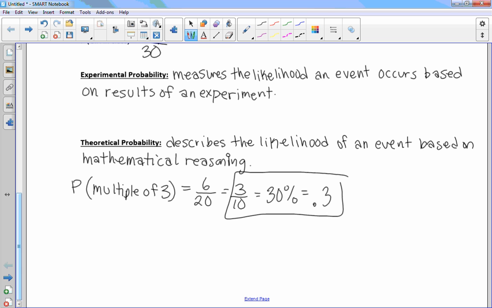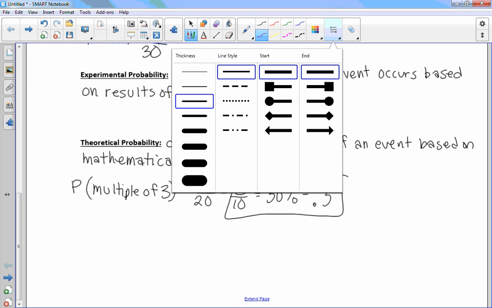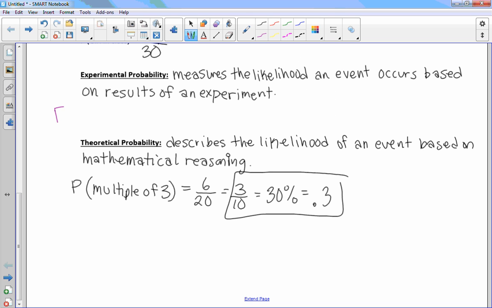Okay? So experimental probability, though, say I took this die and rolled it 100 times, and I tallied how many times out of that 100 I got a multiple of 3. I'm not actually going to do it 100 times, but on my experiment, say I got a multiple of 3, 17 times out of the 100.